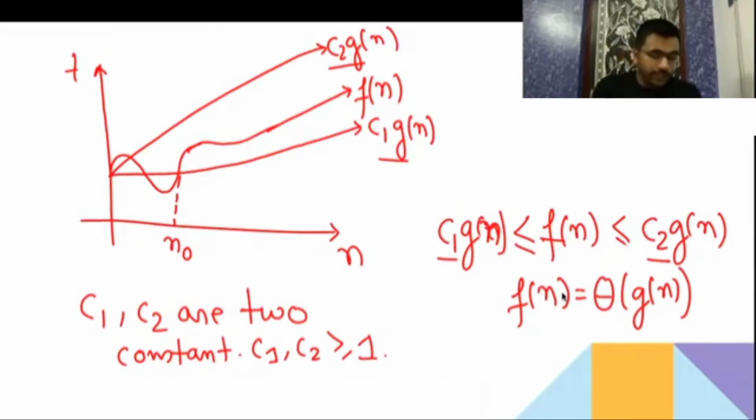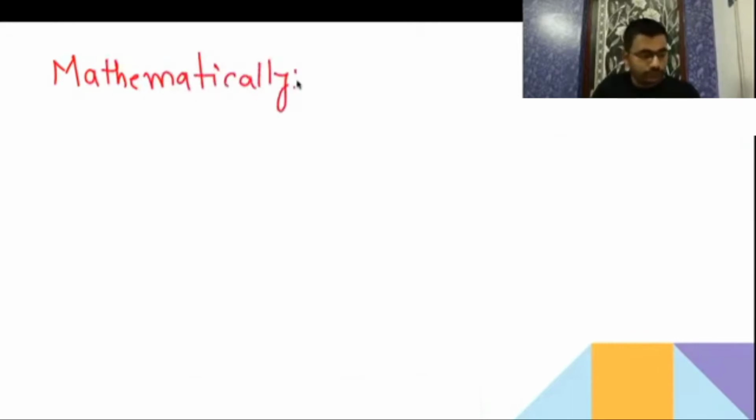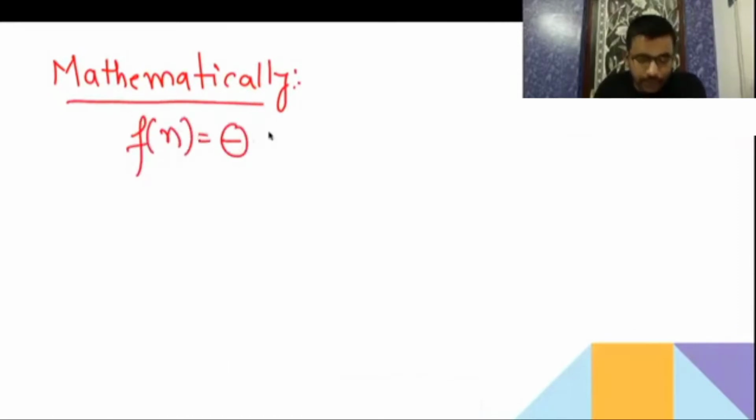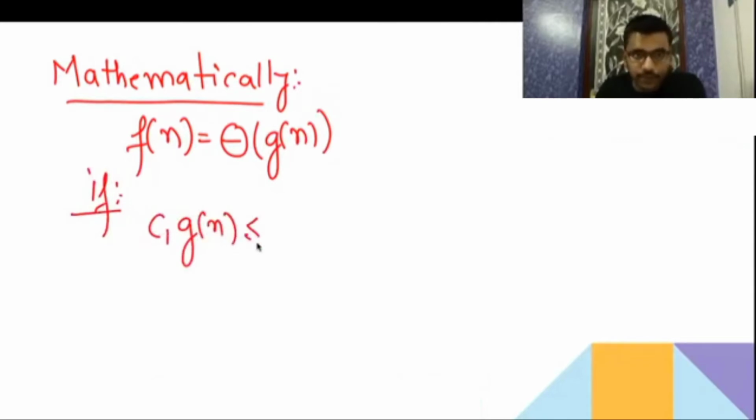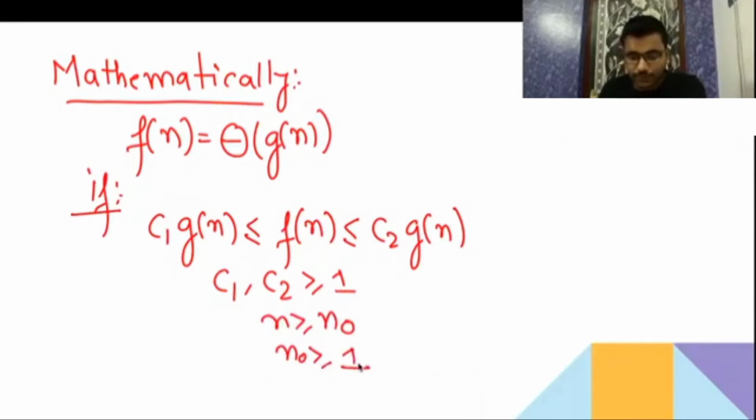So mathematically now I will write. Write mathematically: f(n) is equal to theta of g(n) if c1 g(n) is smaller than equal to f(n) is smaller than equal to c2 g(n), c1, c2 greater than equal to 1, n is greater than equal to n naught, and n naught is greater than equal to 1.